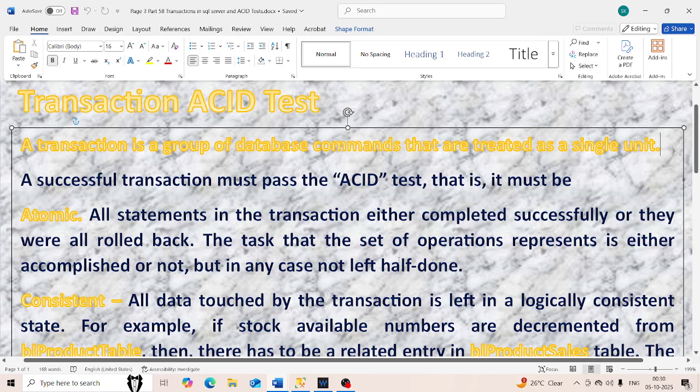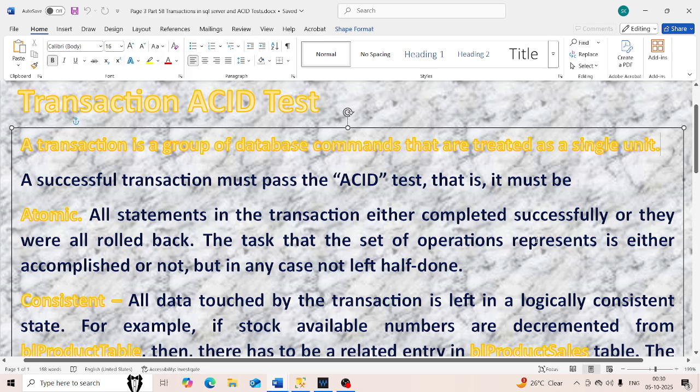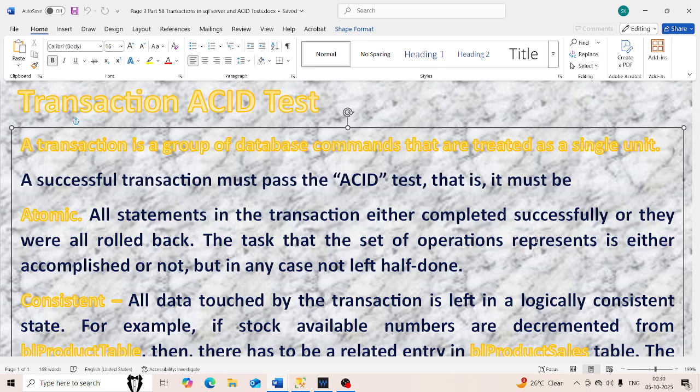The task that the set of operations represents is either accomplished or not, but in any case, not left half done. Let's see what we mean by this with an example.